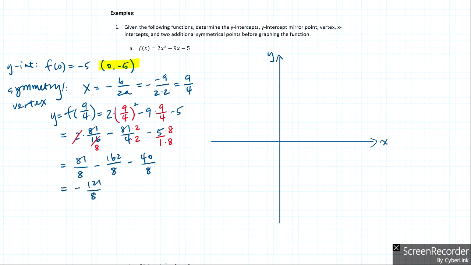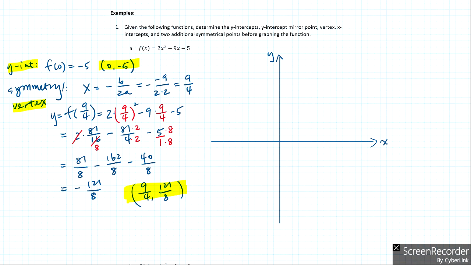This is probably going to be a point we'll have to eyeball a little bit when we start graphing. We find that the vertex is going to fall at the point (9/4, -121/8). This is going to be the vertex.